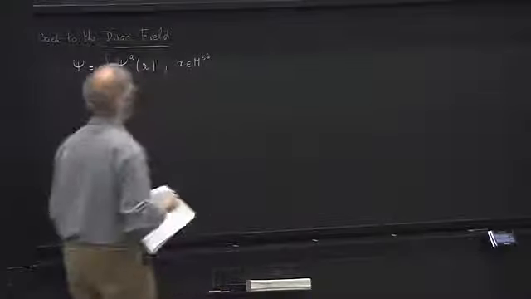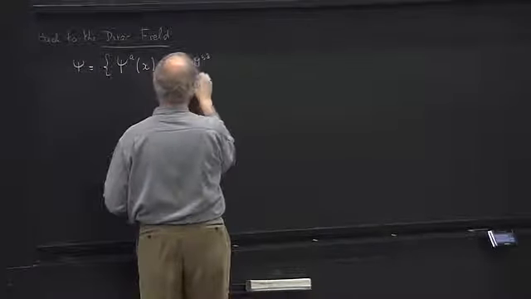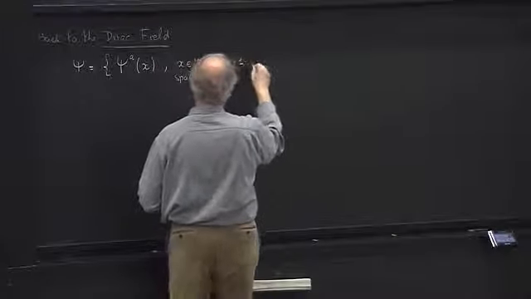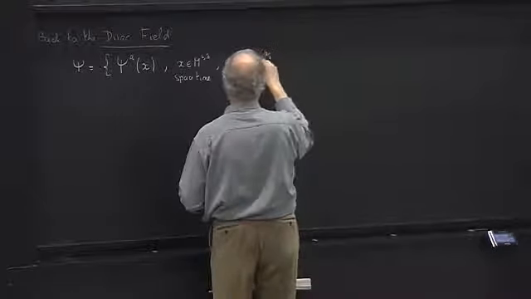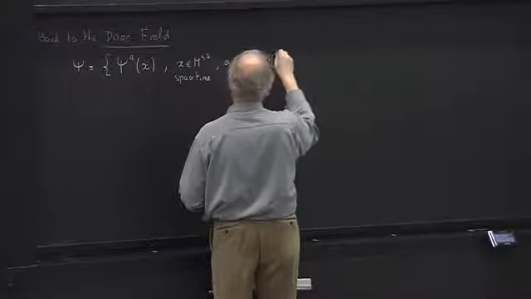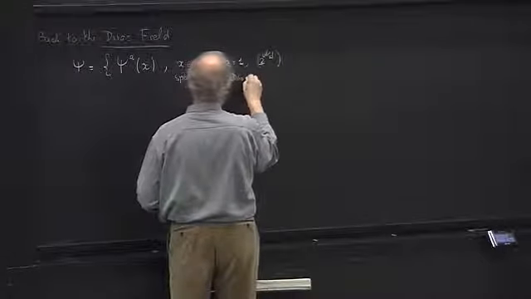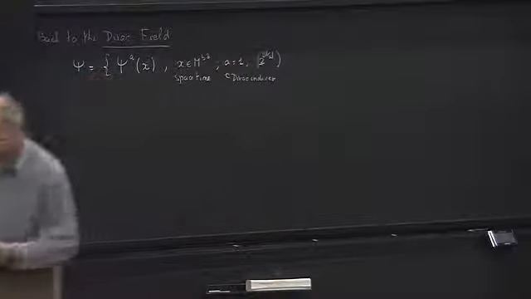This is space-time. And A goes from 1 to 2 to the power d over 2, which is the dimension. These are the Dirac indices, the components of the Dirac spinor.